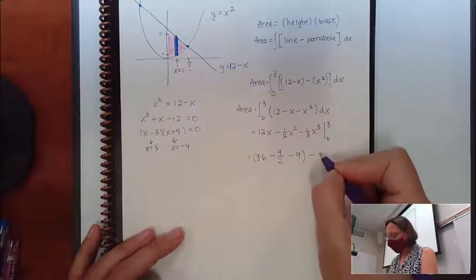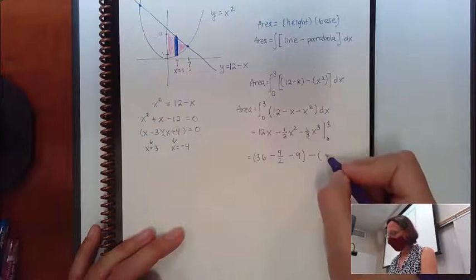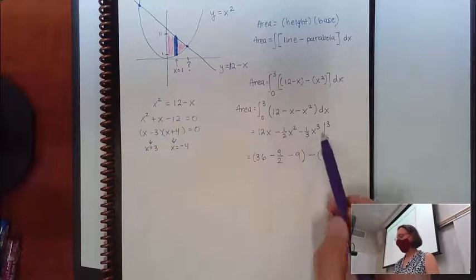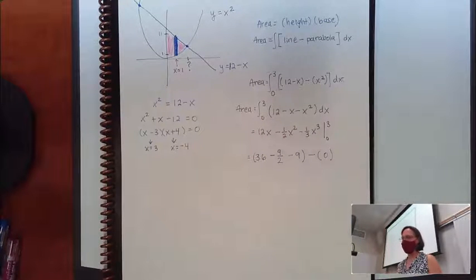For completeness, I'm going to show that I am actually plugging in the 0. So 12 times 0, 0 squared, 0 cubed, those are all going to go to 0.